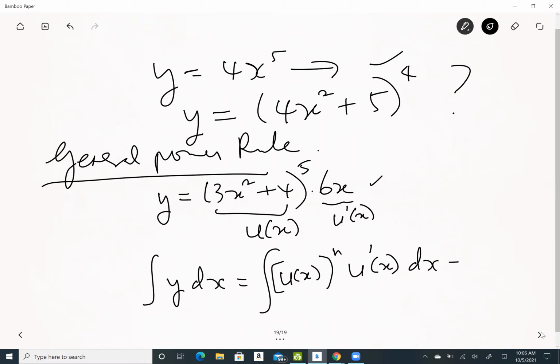And then the integral will be equal to u of x, everything to the power of n plus 1 divided by n plus 1.